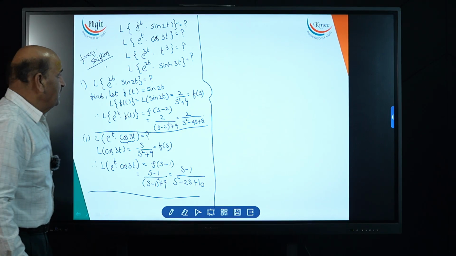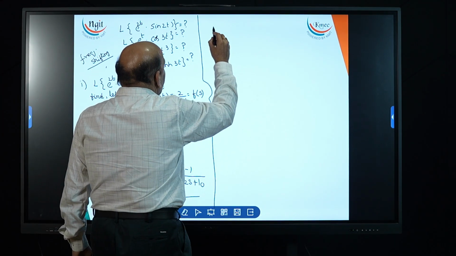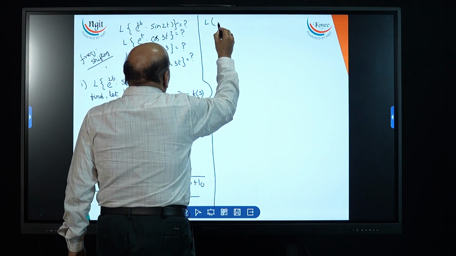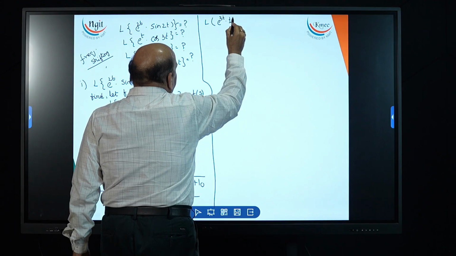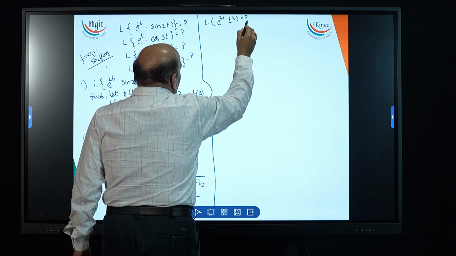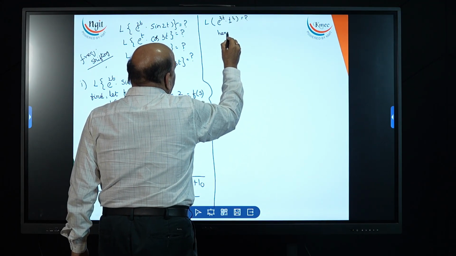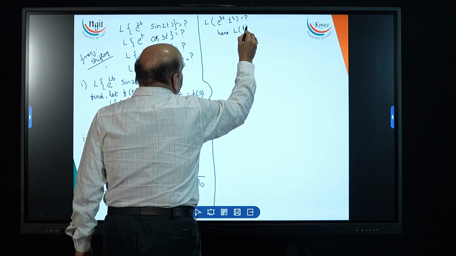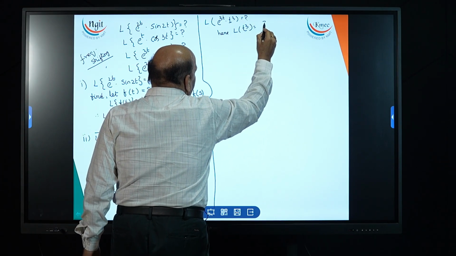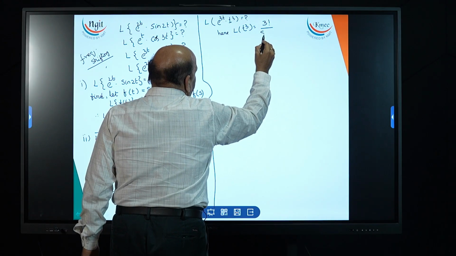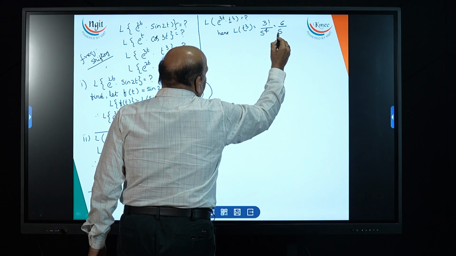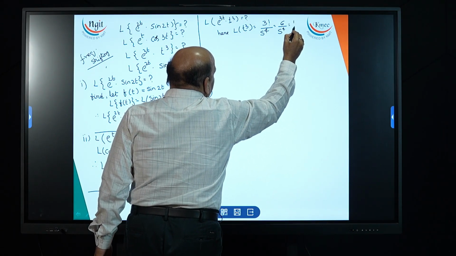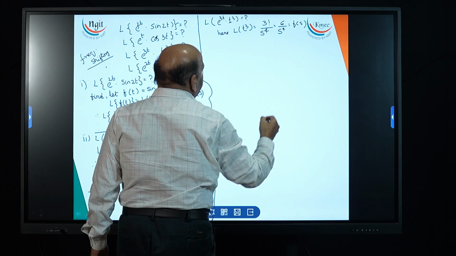Now, look at the third one, L of e power 3t times t cube. Here, L of t cube is equal to 3 factorial by s power 3 plus 1, that is 4, which equals 6 by s power 4. Let it be f of s.